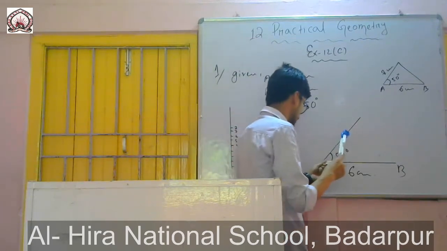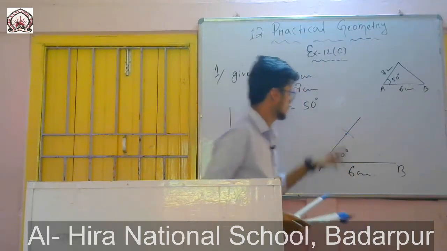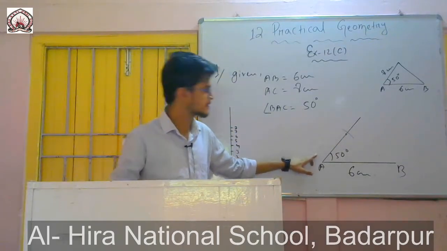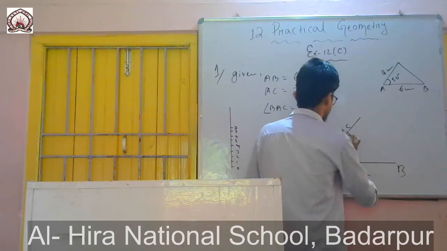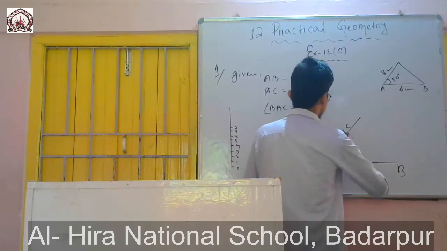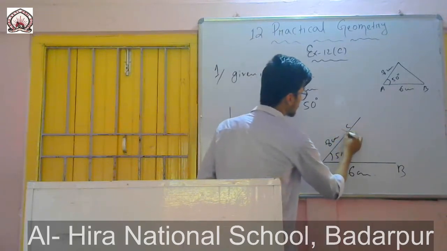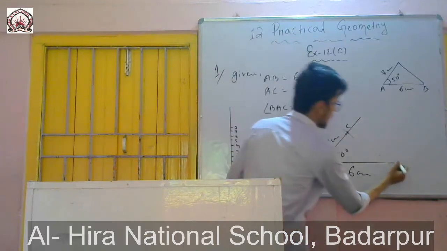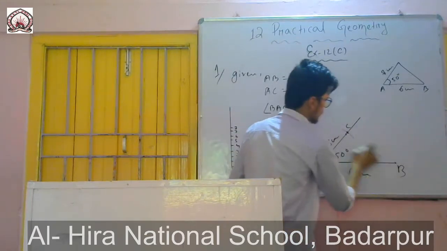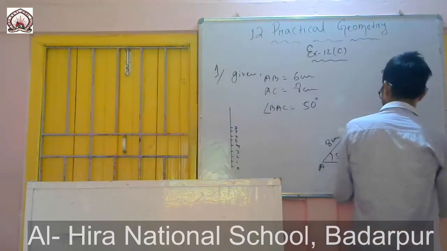Then by putting the compass at point A, I will give an arc like this. From point A to point C the measurement is 8 centimeters. So now I have got one intersection point, and another point is B. Now I can join these two lines easily and I will get the required triangle.